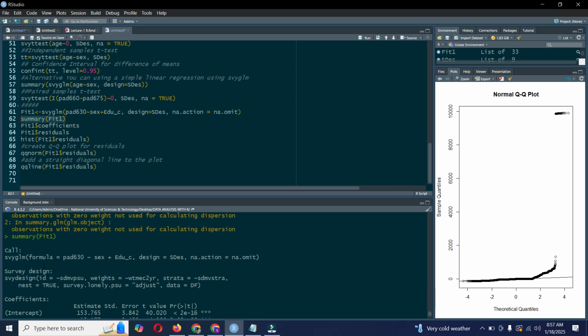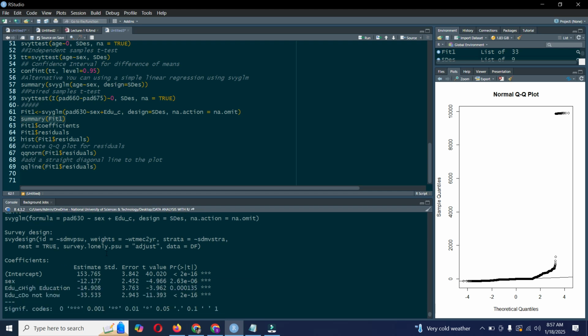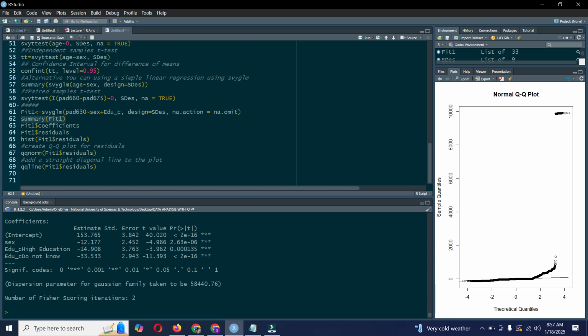This is the call, which is the formula you used, and these are the variables, and these are the coefficients. Basically, this is the intercept, and this is the beta coefficient for sex, and this is the beta coefficient for education category 1 and education category 2.